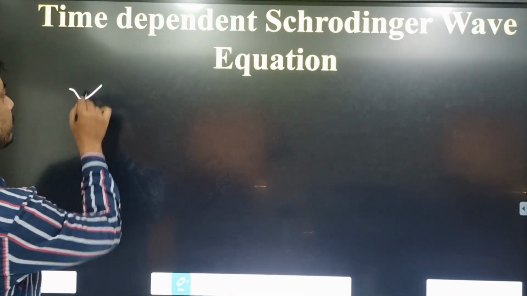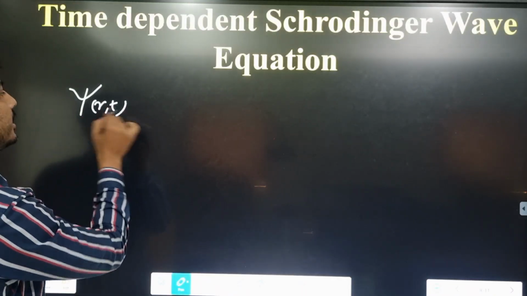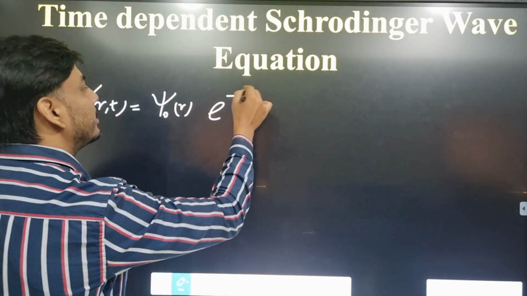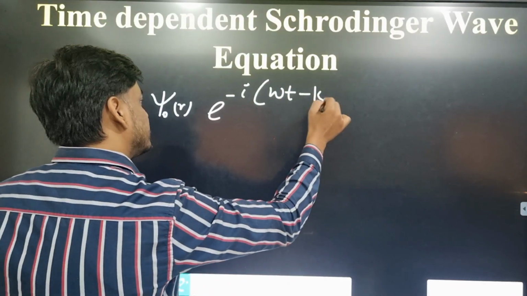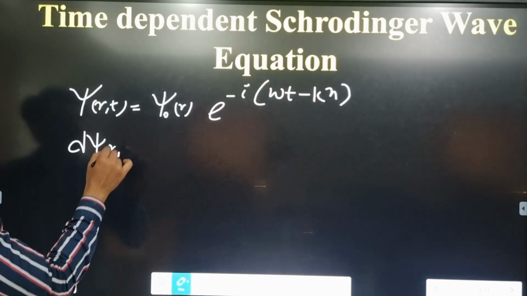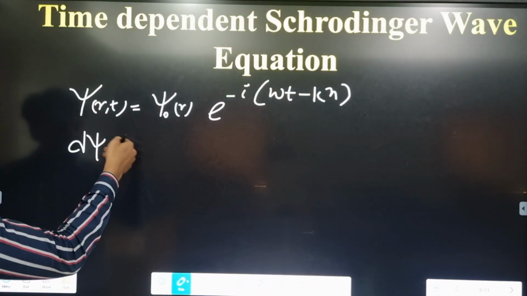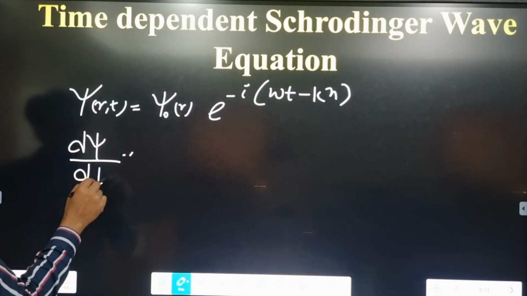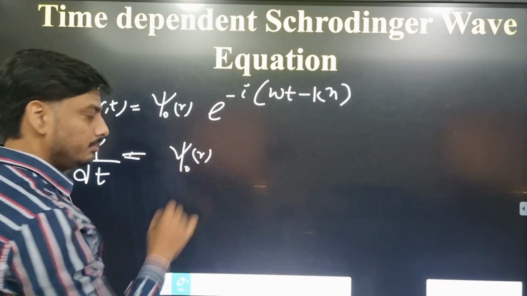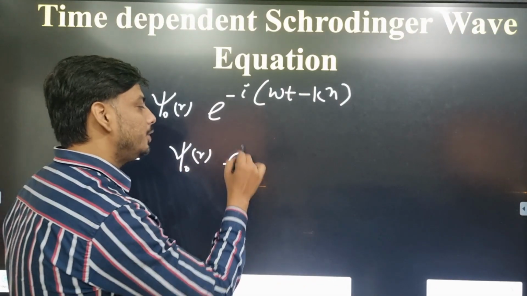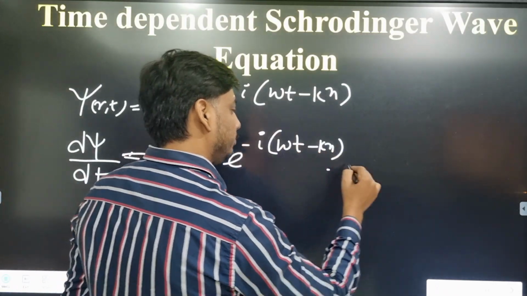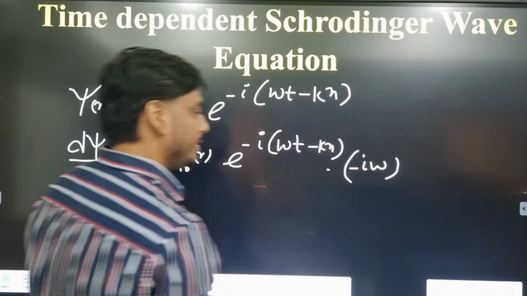So already we have used the wave equation psi(r,t) as psi naught, a function of r, e to the power minus i(omega t minus kx). Now if we take the derivative with respect to t only, we can write d psi by dt equals psi naught function of r, e to the power minus i(omega t minus kx), into minus i omega.